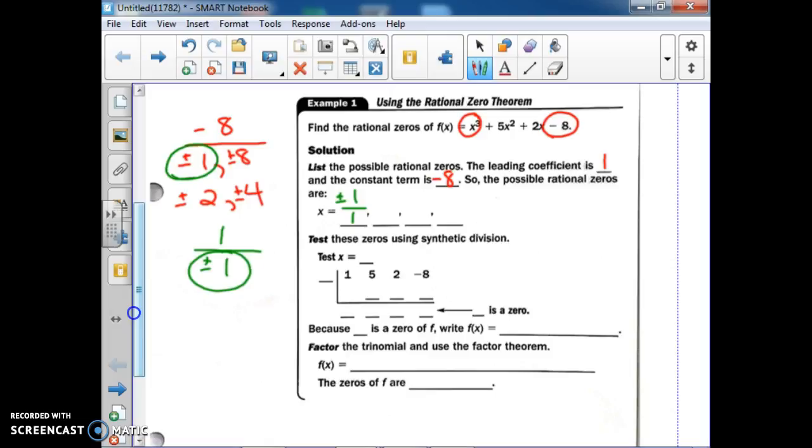Yes, awesome. So you don't have to put the plus or minus for the bottom one? No, this plus or minus will cover both of them. Okay, good question. All right, so then we're going to keep listing plus or minus 2 over 1, plus or minus 4 over 1, and plus or minus 8 over 1.